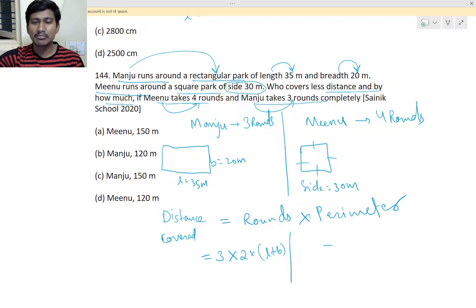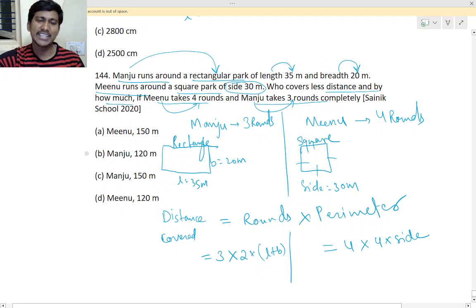For Meenu, it is 4 rounds into the perimeter of the square, which is 4 into side. For the rectangle we add length and breadth and take it 2 times, because length and breadth are each 2 times, so 35 plus 20. For the square all sides are the same, so 4 times the side.